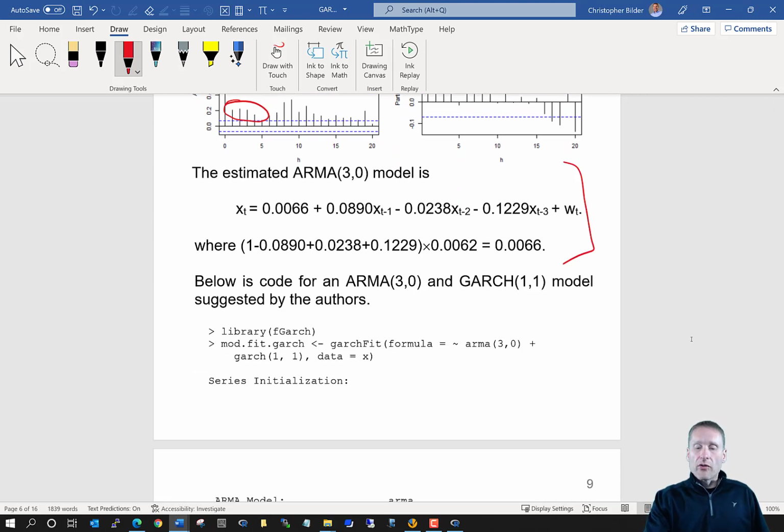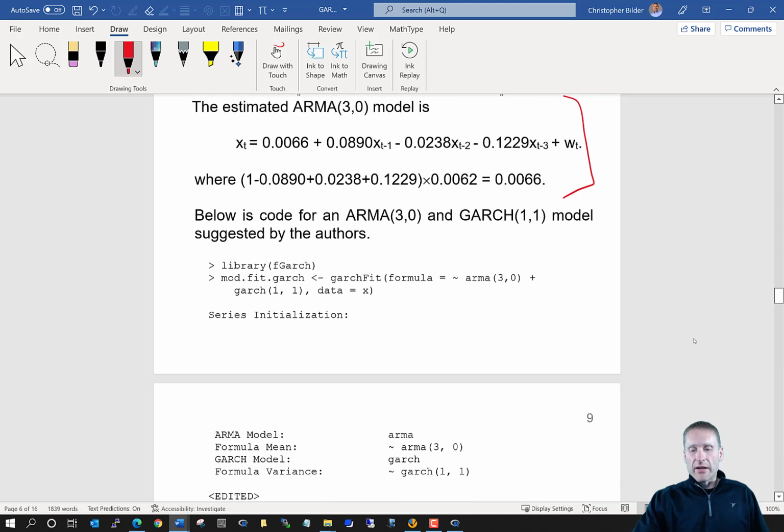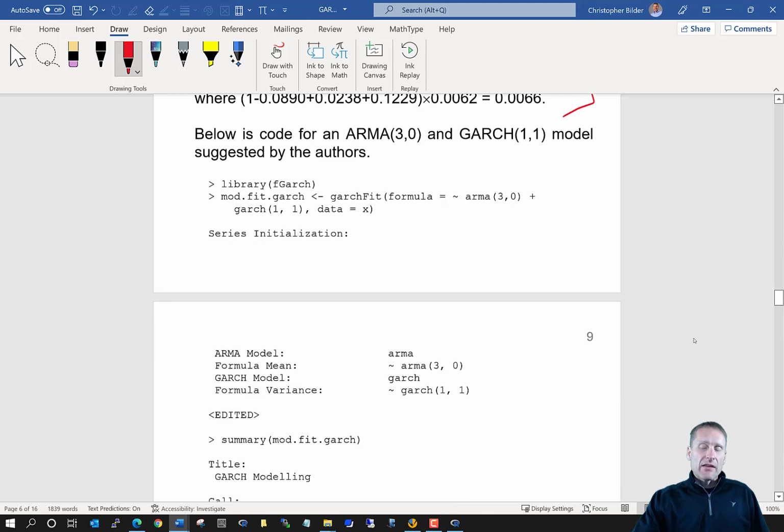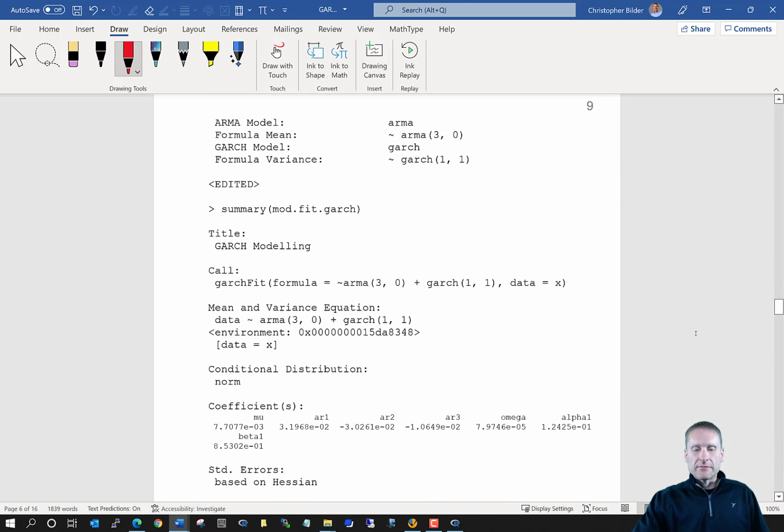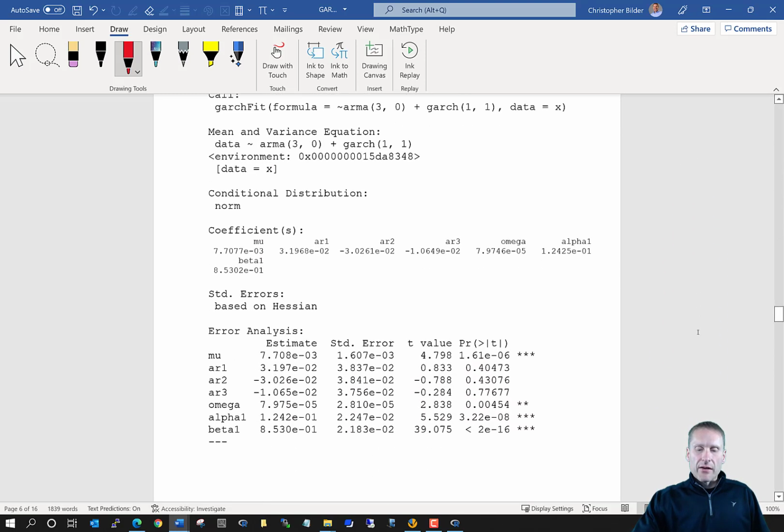So here's the corresponding ARMA 3,0 model for this particular data. Let's now estimate the ARMA model and the GARCH model for the residuals at the same time. The way I can do that is to use a function that we've used already, garchFit. I estimate this by specifying ARMA 3,0, then for the residual part, GARCH 1,1. And here we go, we look at a summary.